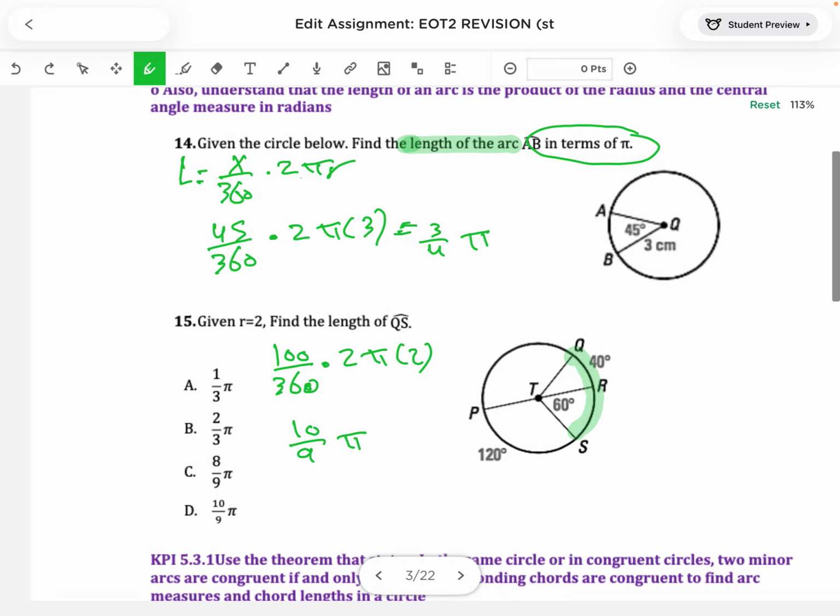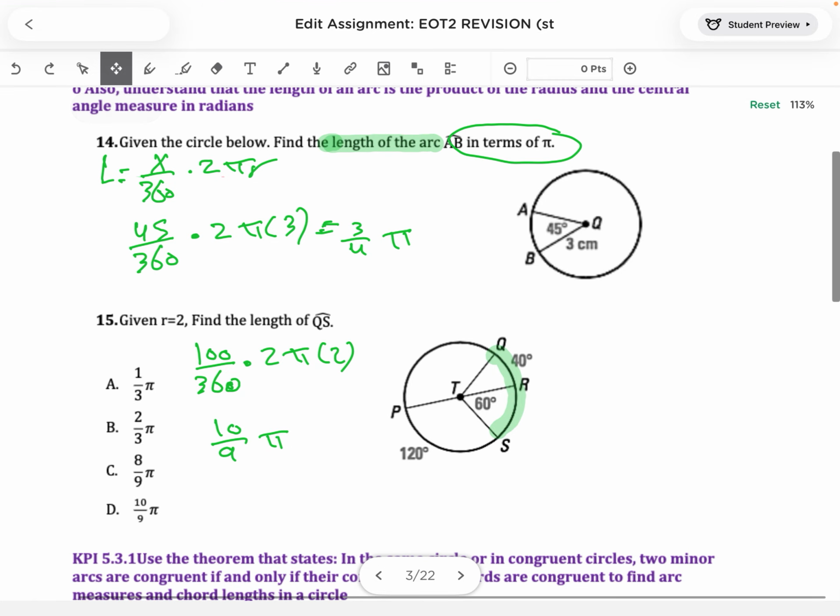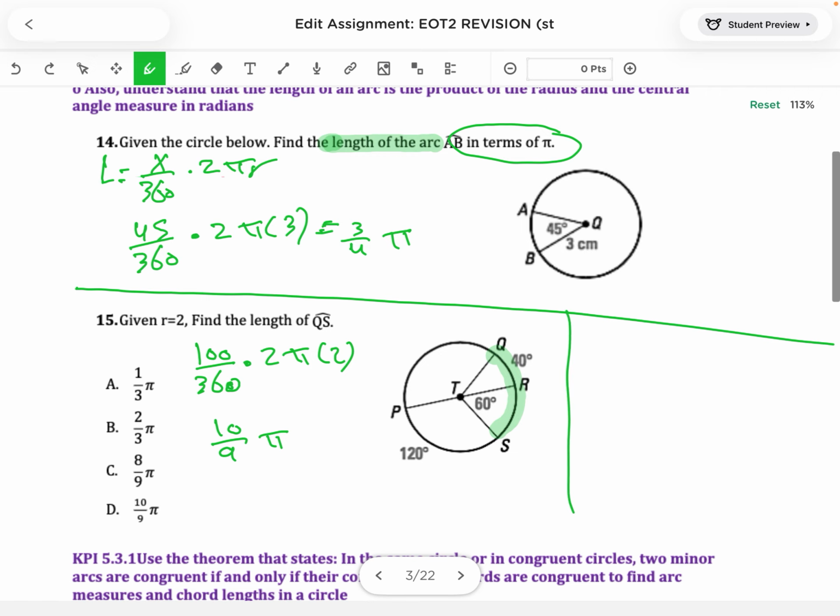And I added one part to this question, I remember, which is area of a sector. The sector QS.